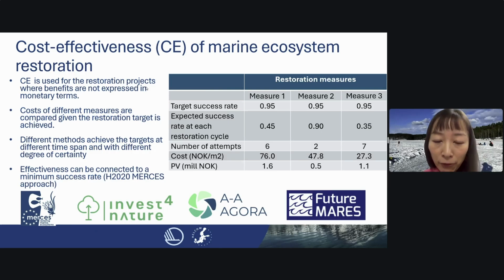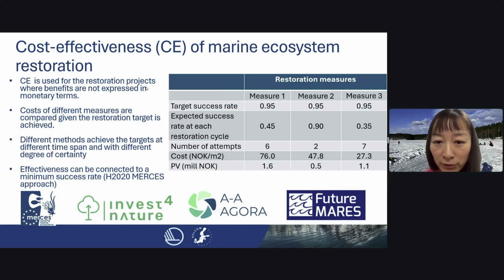As for the restoration costs per square meter, measure 1 is high, and measures 2 and 3 are low. So in the end, the focus is actually comparing measure 2 and measure 3, right? Measure 1 is expensive with low efficiency, low success rate, so we will not use that one. For measure 2 and measure 3, measure 2 has a high success rate, although it has a relatively high cost per square meter.